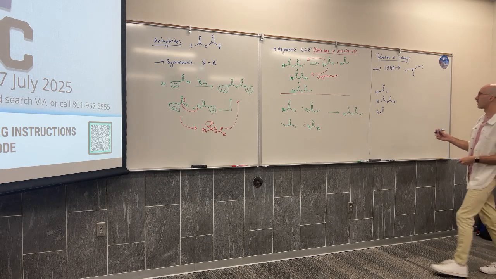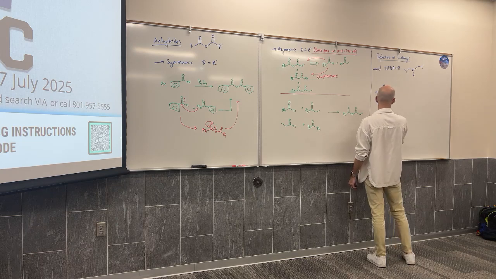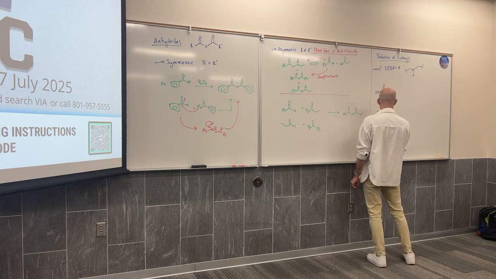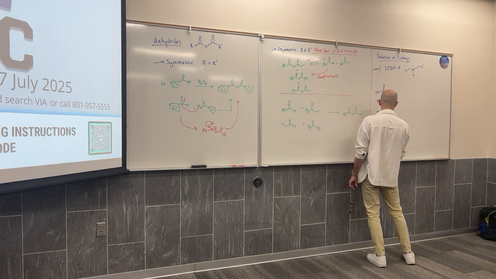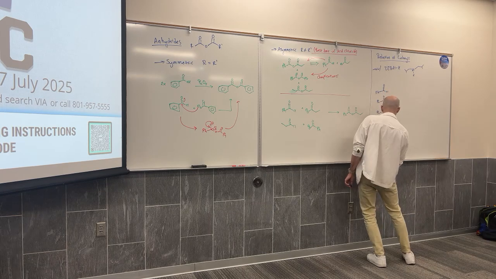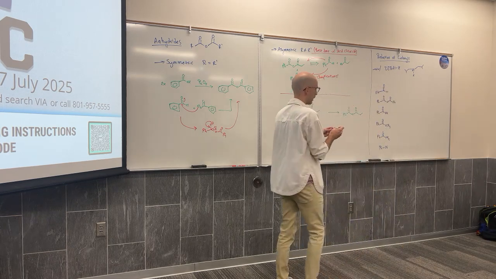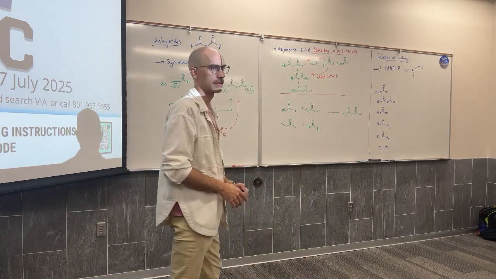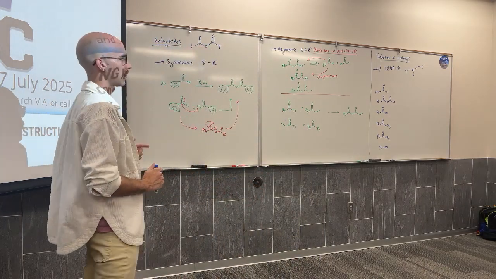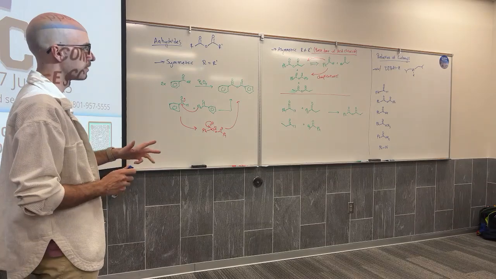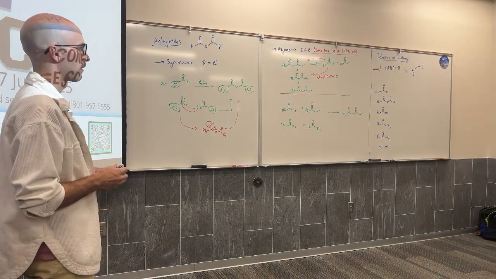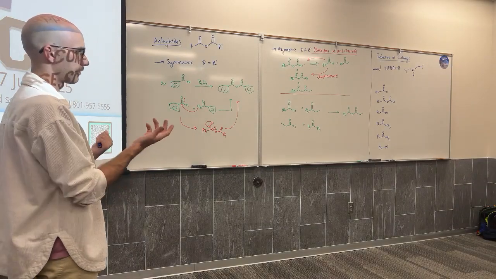So what I'm putting up here is simply a version of every acid derivative that is attached to a benzene ring: benzoyl chloride, benzoic anhydride, benzoic acid, methyl benzoate, benzamide, and cyanobenzene.